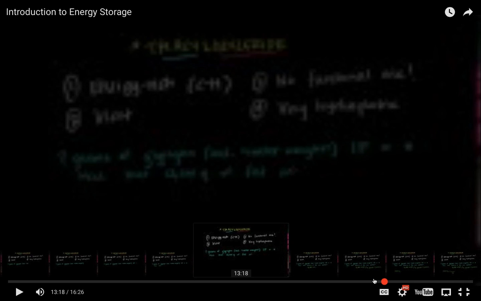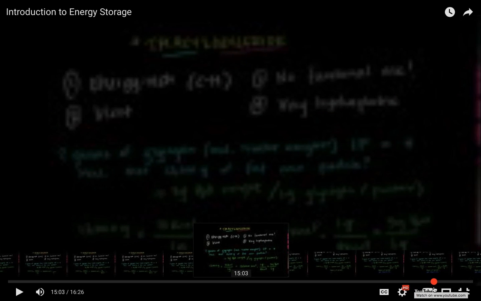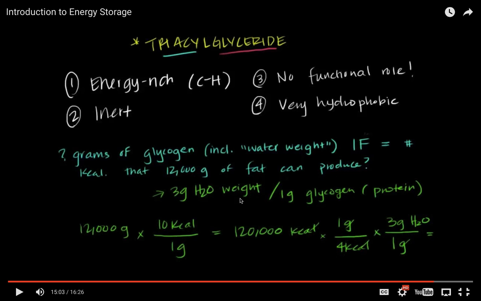So here, let me see if we get to this part where they explain that. Okay, all right. So here we have glycogen, which is a very big molecule of glucose.